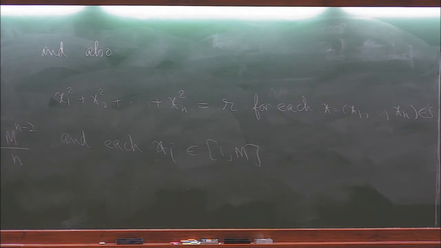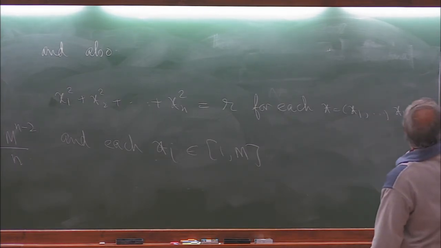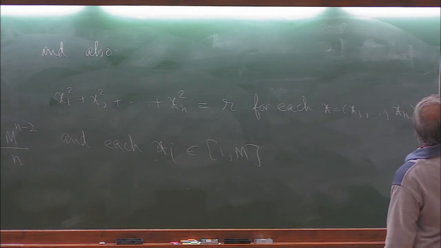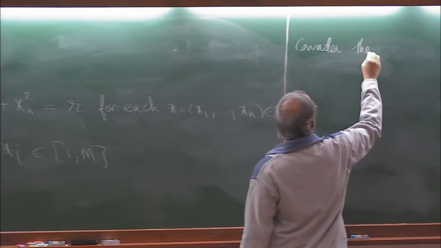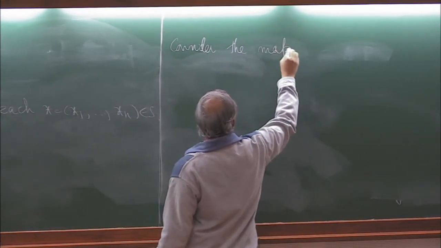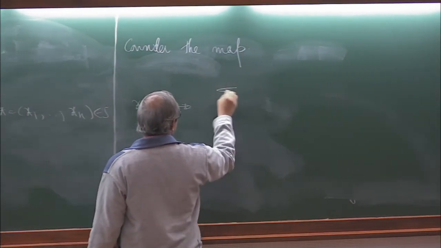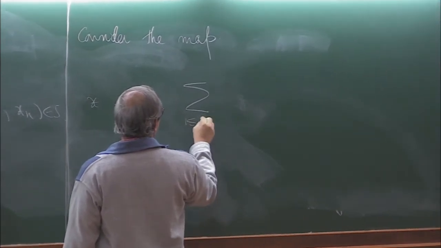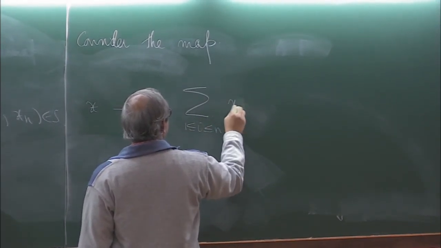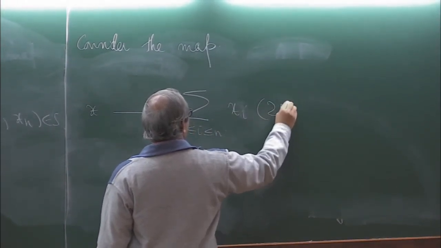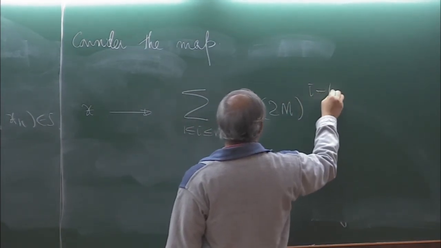Now you consider a map which will map these integer points onto the real line. This is the second part of the argument. Consider the map x goes to the sum over 1 ≤ i ≤ n of xi times 2 to the power of m(i minus 1).